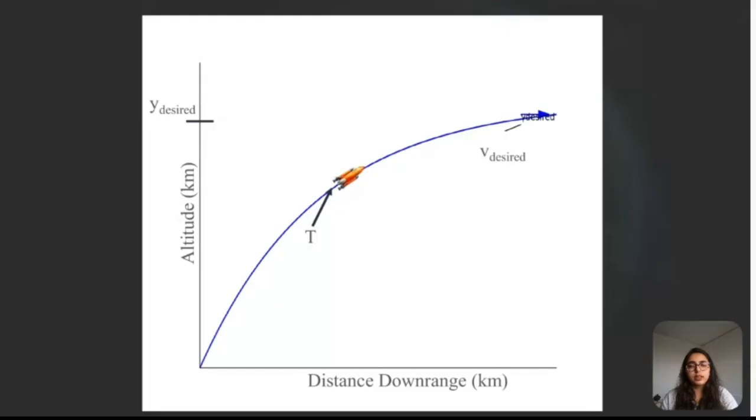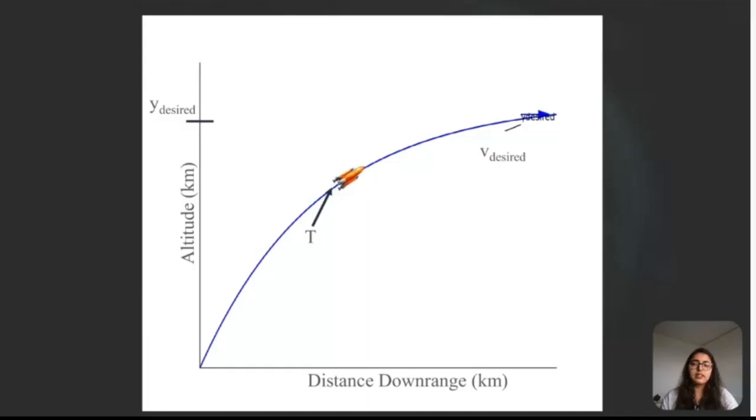Initially, the rocket is launched vertically to clear the atmosphere, reducing drag losses. As it ascends, it gradually steers horizontally to achieve the required downrange velocity. Near the end of the burn, the rocket may point slightly downwards to ensure proper orbital insertion with the desired velocity vector.